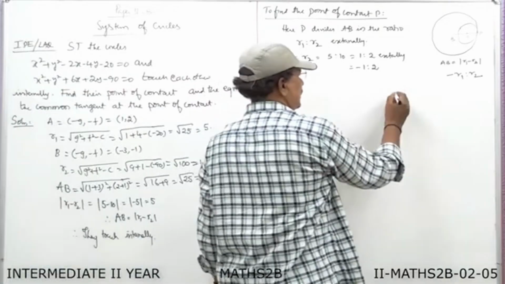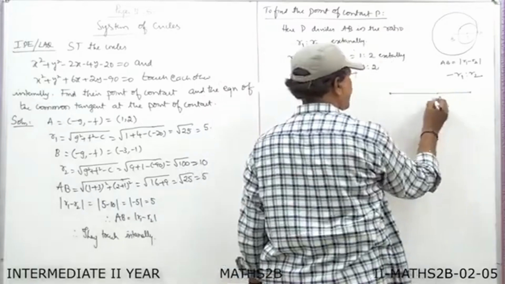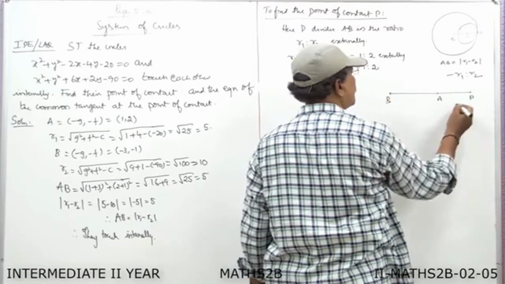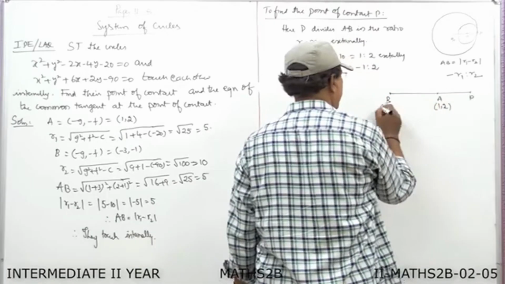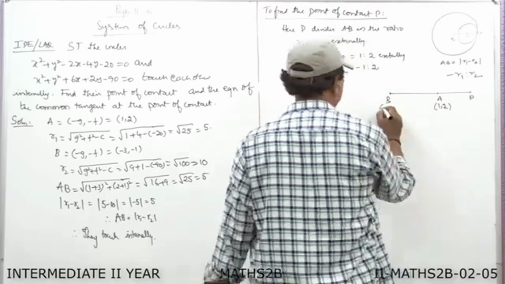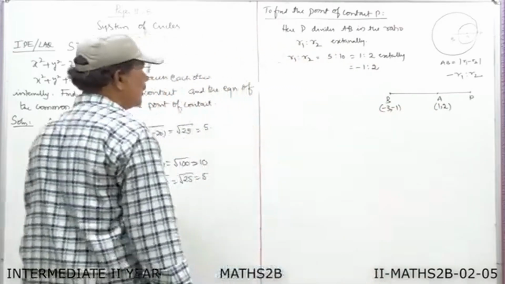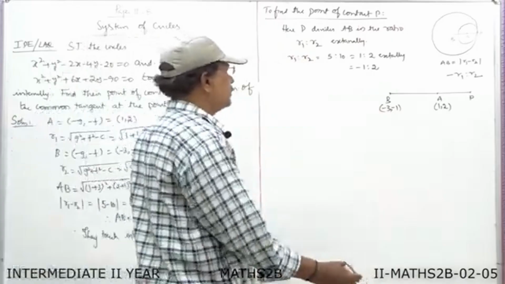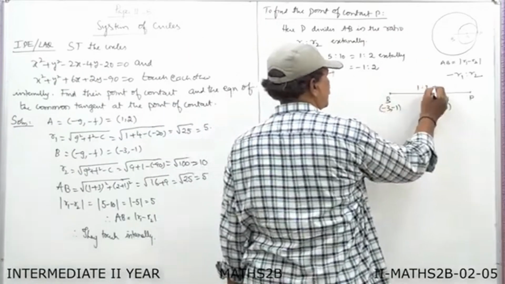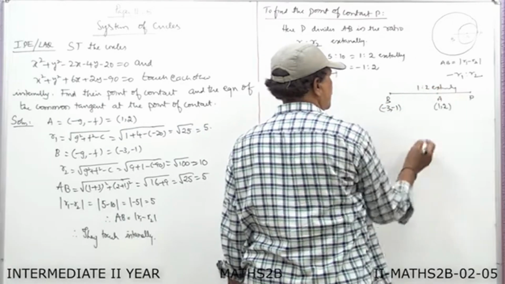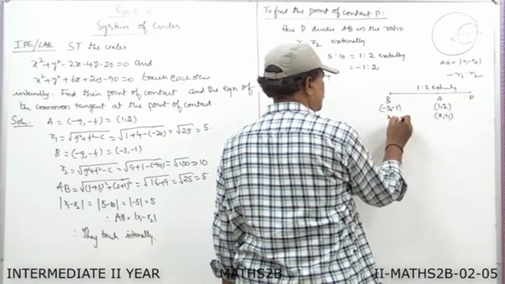So, take the line segment separately, A, B and P. Coordinates of A are 1, 2 and coordinates of B are minus 3, minus 1. So the ratio is 1:2 externally. Call the first point x1, y1 and the second x2, y2.